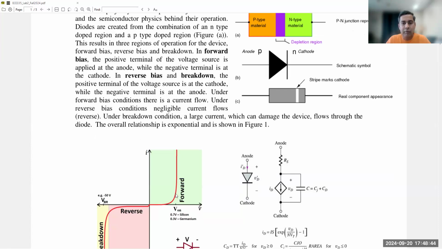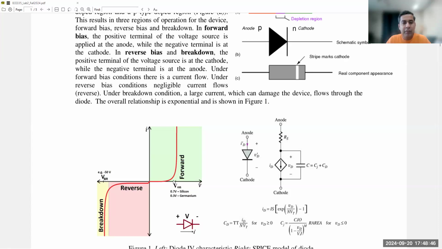We are calling this the on voltage for the diode.